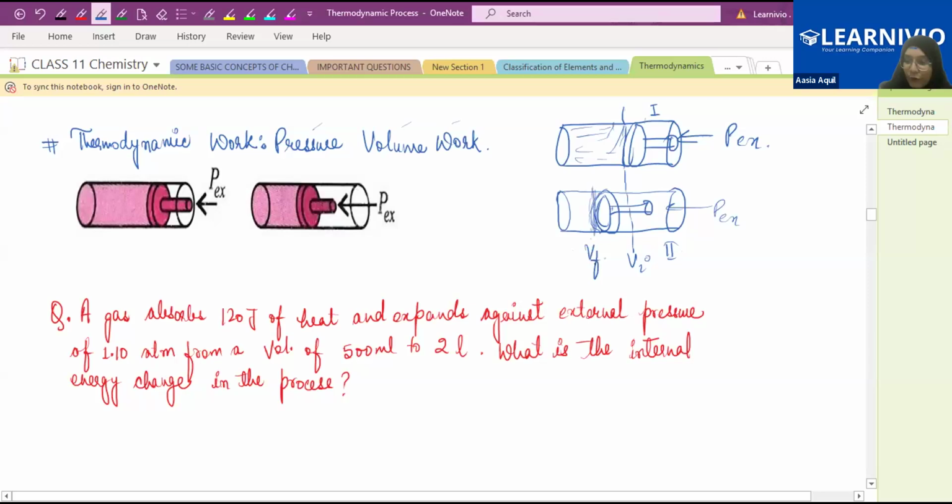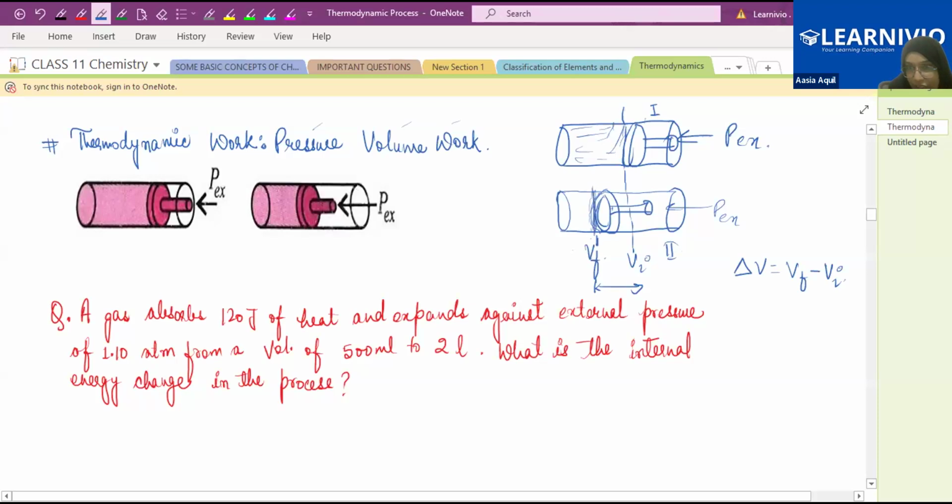This is the final volume. So this is the change in volume, VF minus VI, which is delta V. How will we show delta V? It is VF, V final, minus V initial. Now, what about the length? You can see the displacement. What about the displacement of the piston? So here the piston will displace from here.